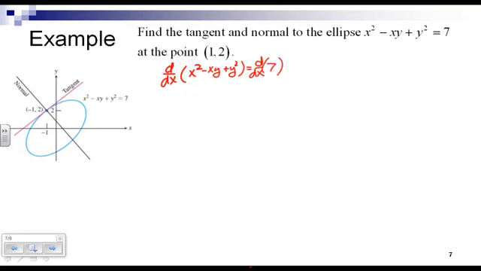Alright, so math is so fun. So that'd be just like you make 2x plus 1. Check it.